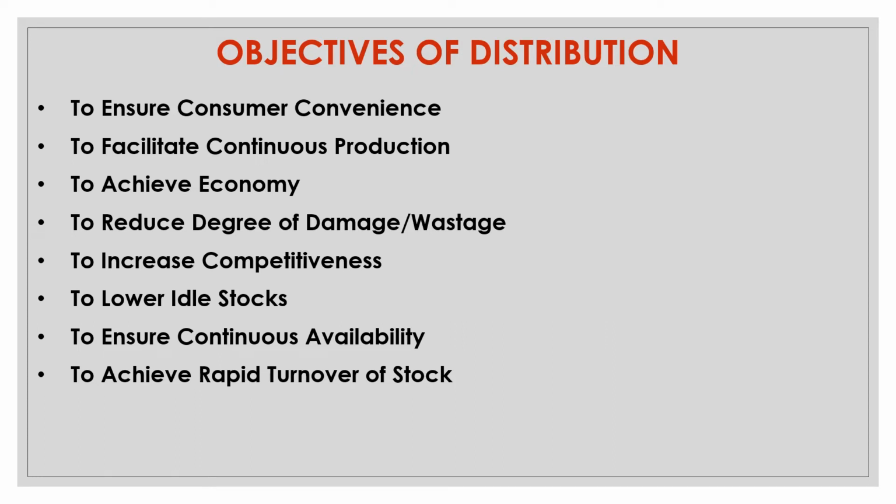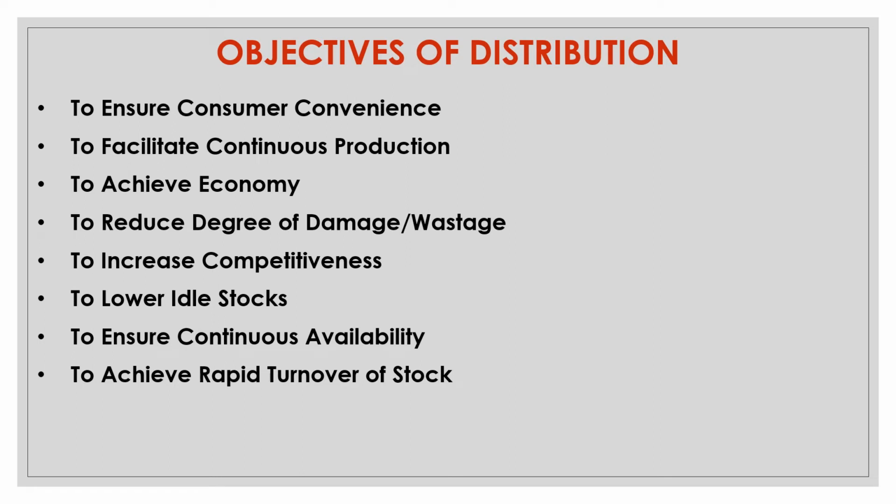Lower idle stocks. Stocks should not pile up and become idle. They should get turned over as soon as possible. Turnover means sales, so idle stocks should be converted into sales as soon as possible. Only if the distribution policy is very strong and effective, then there is no chance of stocks being idle. Ensure continuous availability.